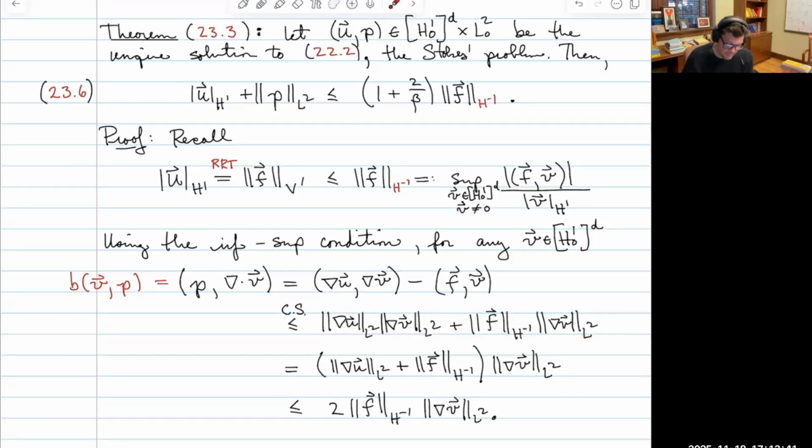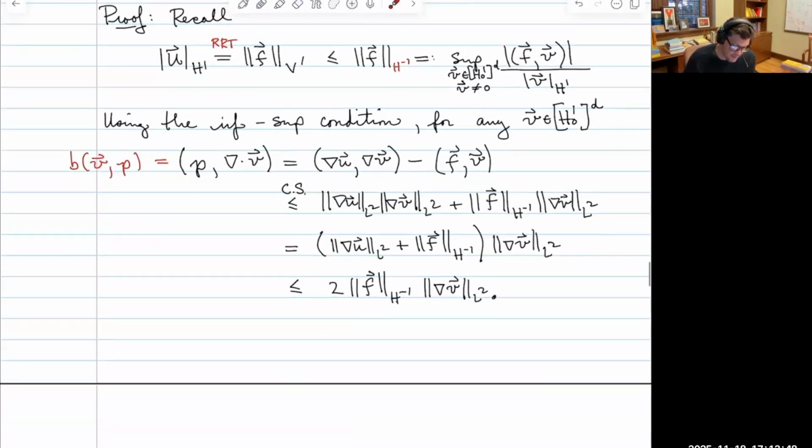If you've never seen that proof before, it follows directly from the definition of the operator norm. I'm going to let you recall that or check it out on your own.